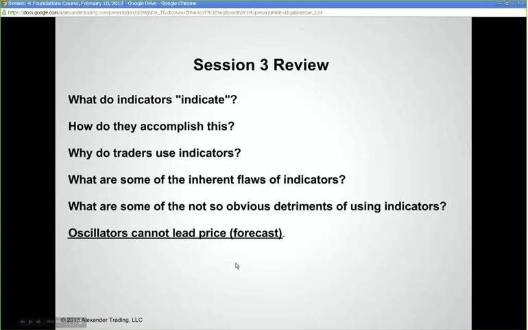Indicators are a number series, and until the bar prints or closes, or there's a higher high or lower low or whatever, that indicator isn't going to move. So it's an illusion that an oscillator is leading price. And the big detriment is that you focus on the indicator and you're not paying attention to what's going on in the bigger picture of market development and market structure, which is how we trade.